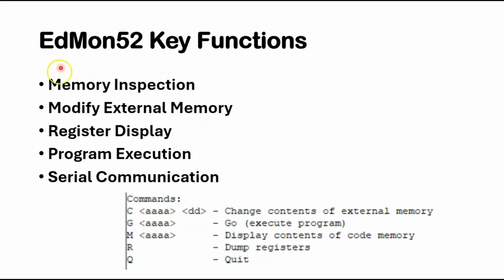So the following are the EdMon52 key functions. The first function it can do is memory inspection, modify external memory, register display, program execution, and serial communication.